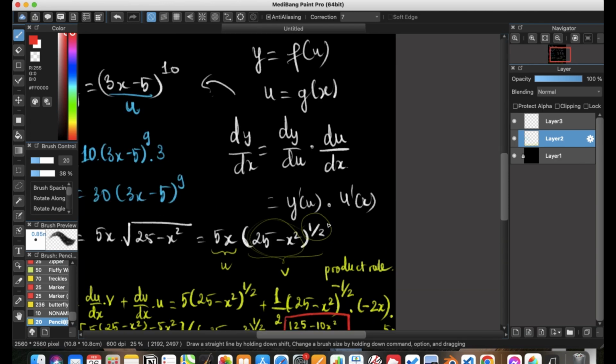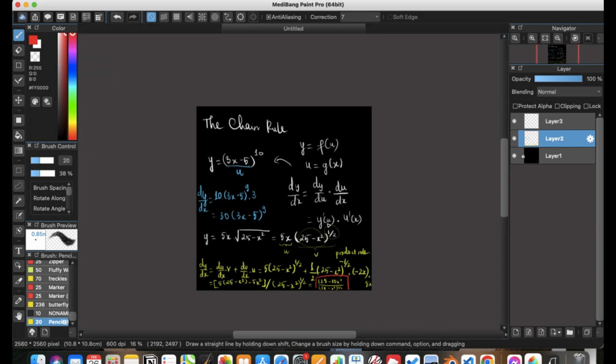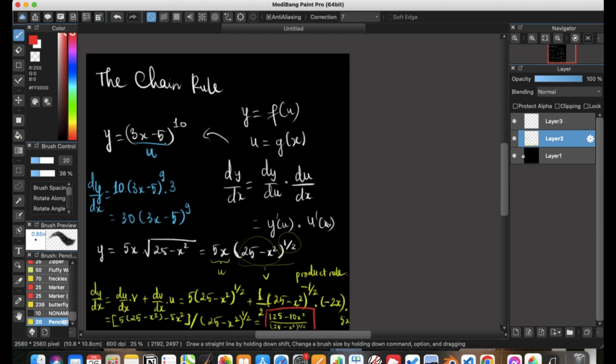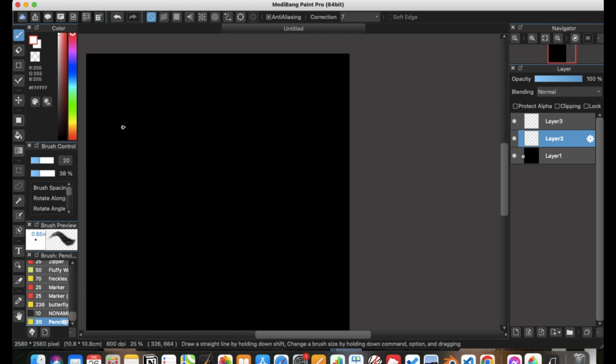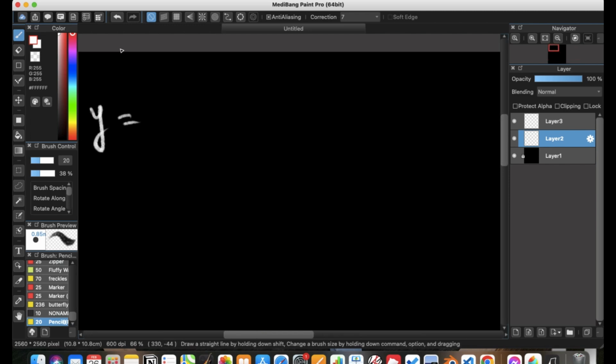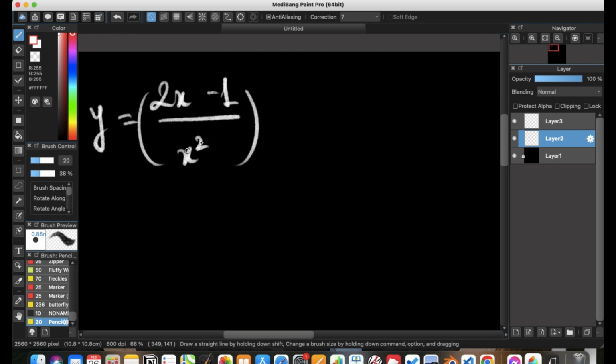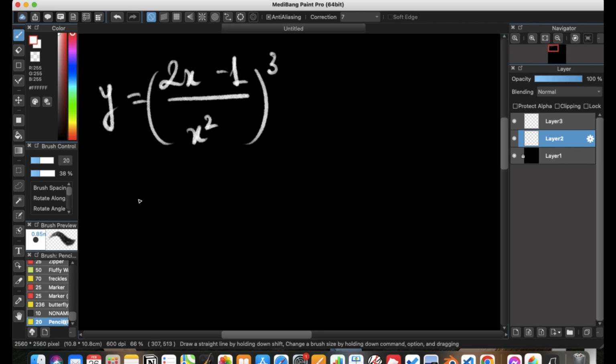Okay, so that's basically the application of the chain rule. I'm going to take another example for you guys. We have y equal to (2x minus 1 over x to the power 2) to the power of 3, and now let's find dy over dx.